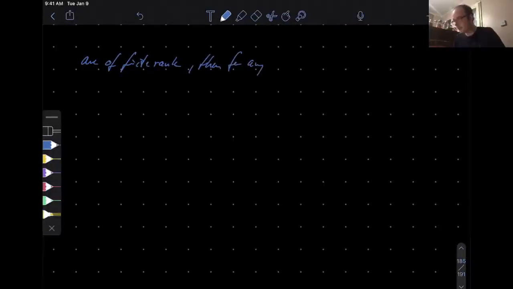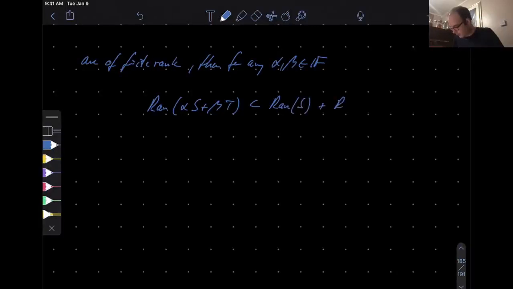This is actually a fact that you can already discuss in linear algebra. So how can you relate the range of alpha S plus beta T? Well, I claim this is a subset of the vector space sum of the range of S and the range of T. All right, this is a property that you can already discuss in linear algebra.